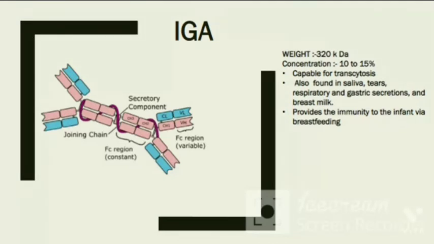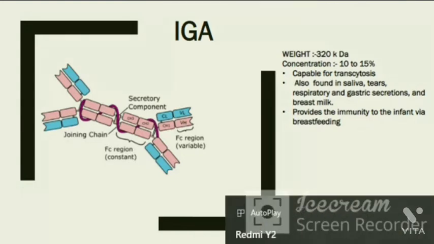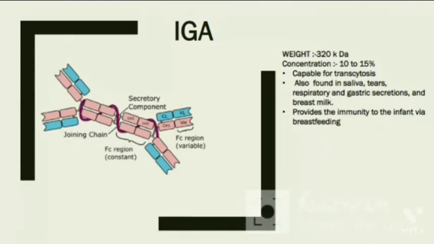The last point you can see here is that it provides immunity to the infant via breastfeeding, as I have already discussed: when the infant takes the milk, its body develops a different kind of immunological response to foreign antigens. So guys, this was all about IgA.